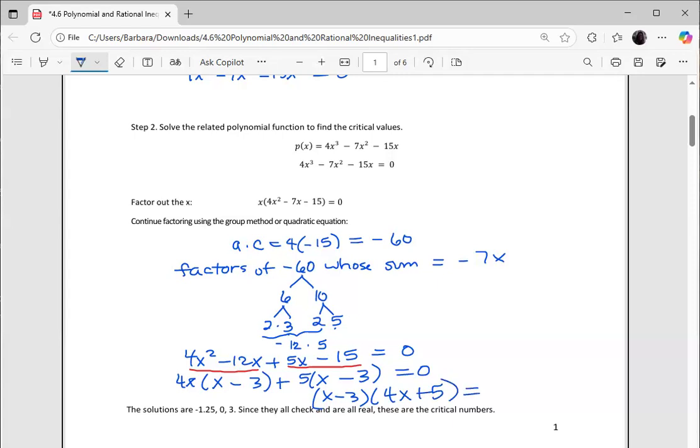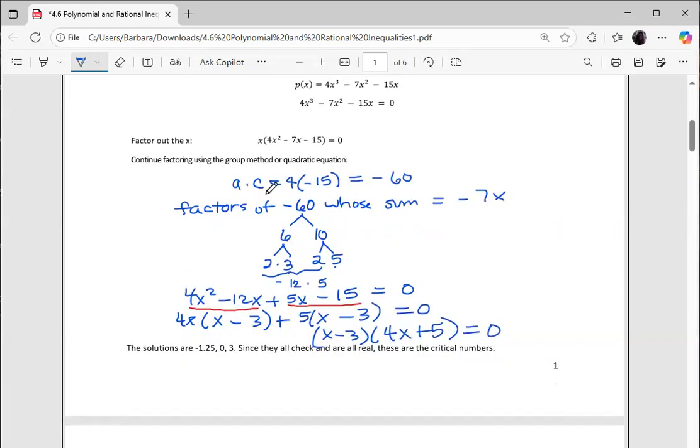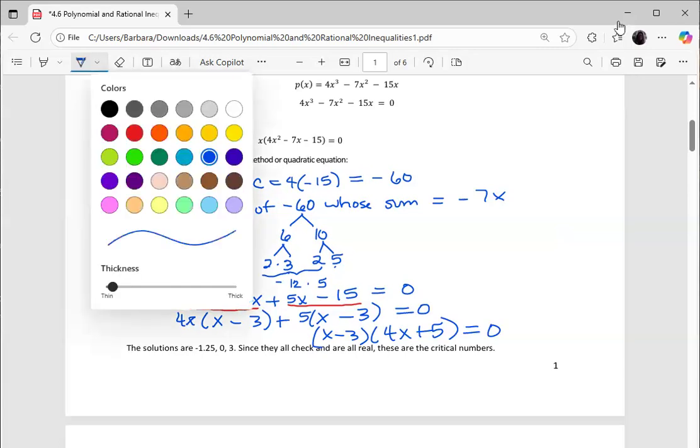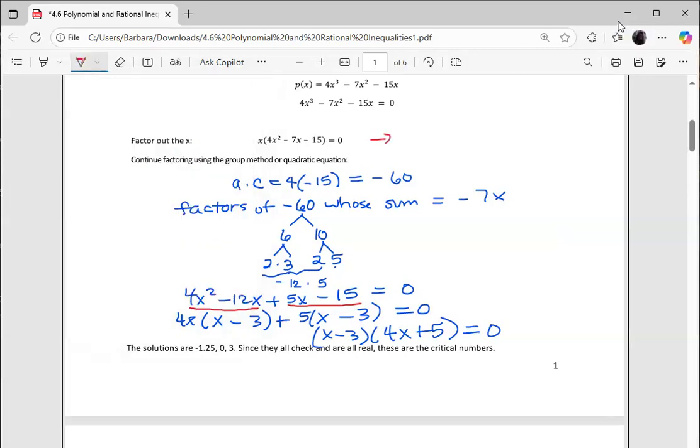And now we have a completely factored equation. This equation can now be rewritten in terms of linear factors: x times x minus 3 times 4x plus 5 equals 0.